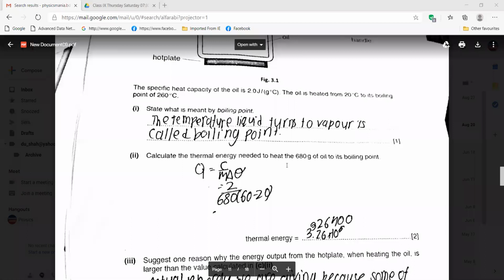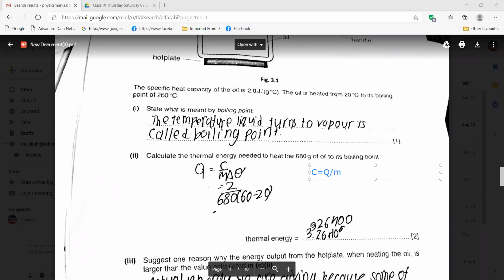Look here, you made a mistake. Now I'm writing again. C equals Q by M del theta.